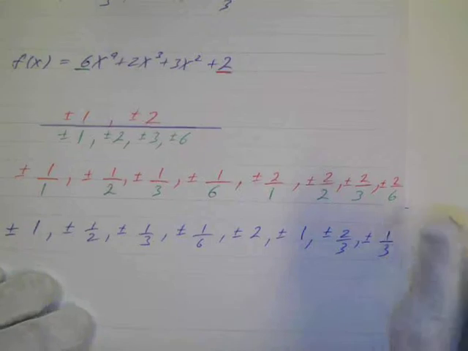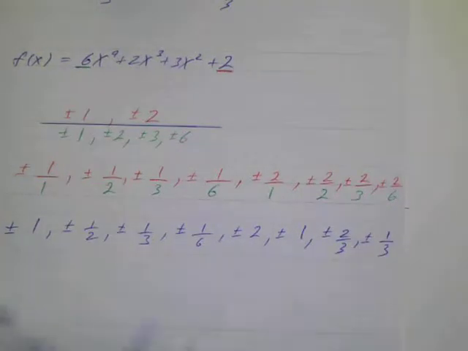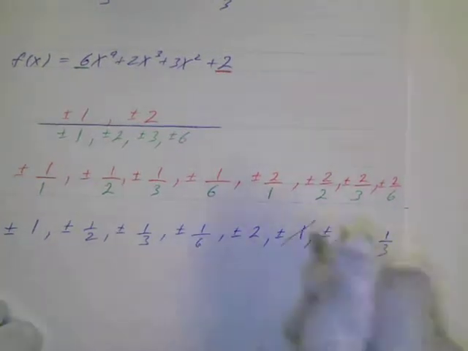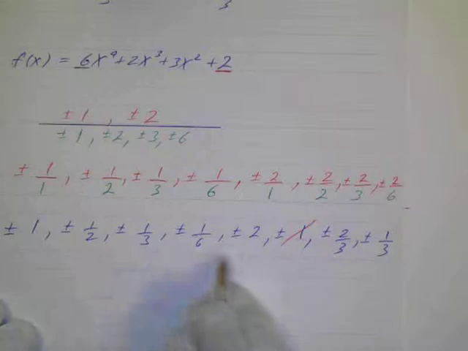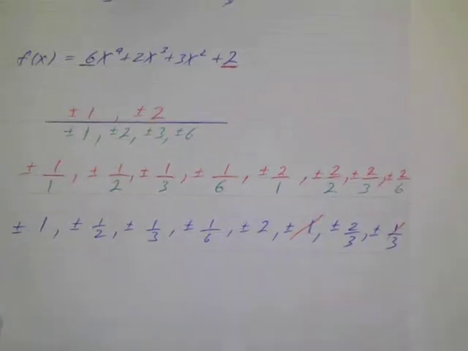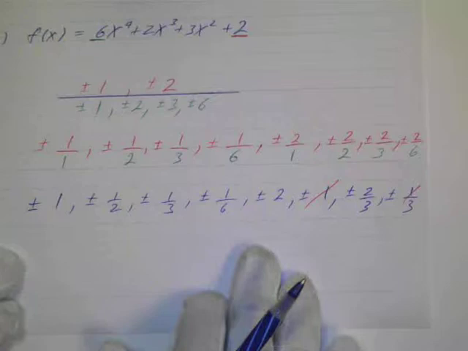Now, do we have any repetitions? Yes, there's a 1, so I don't need that one. And I've got 1/3, so I don't need the other. So those are repetitions, and this is your unique list.